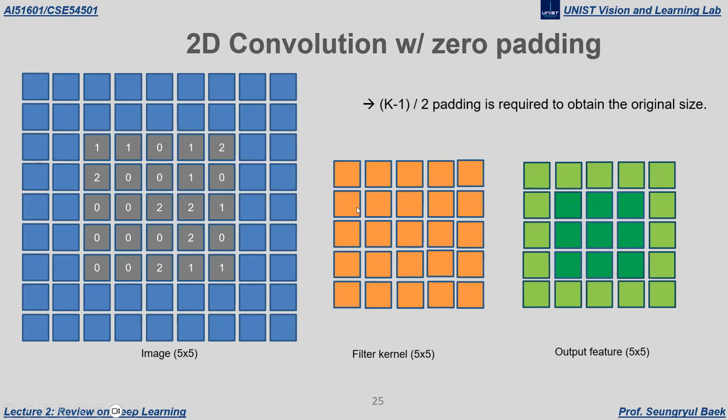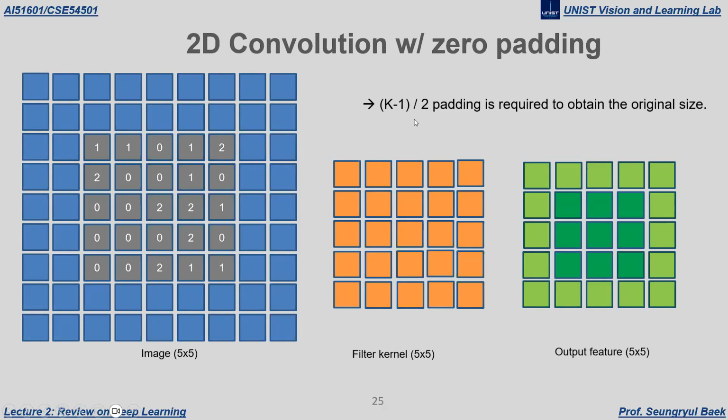So if you want to get the same sized output as the original input, then K means the filter corner size. This time the filter corner size is 5, so K is 5.